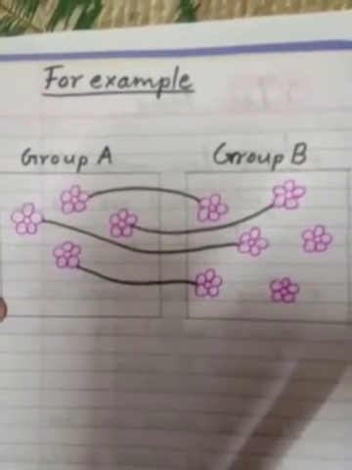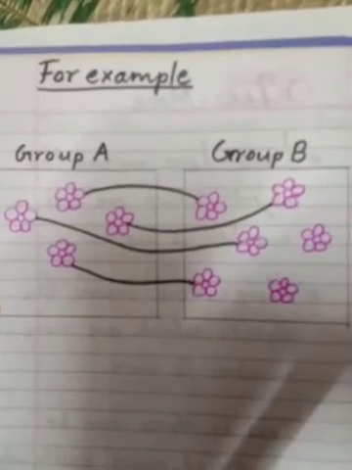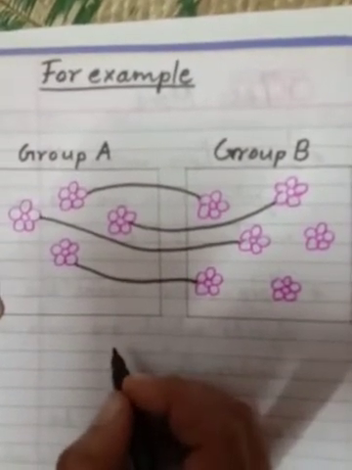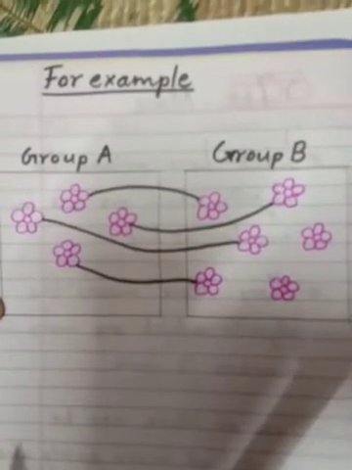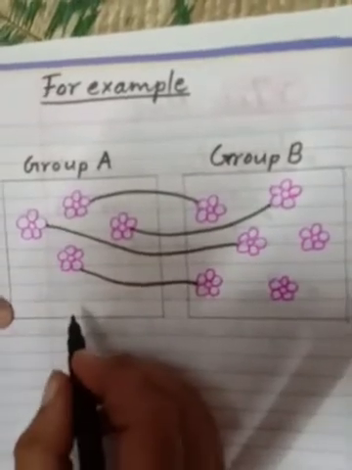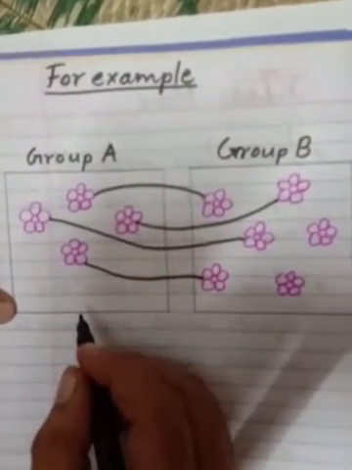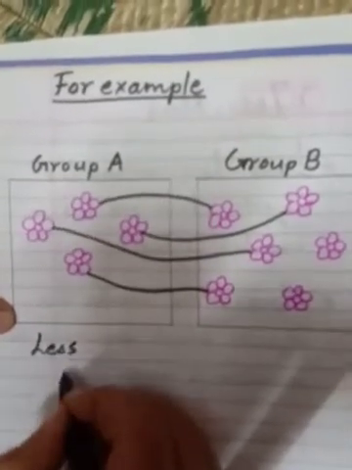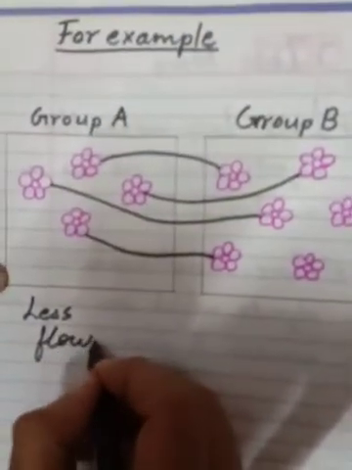So after pairing, what do we come to know here? Which box's flowers are over after pairing? Group A flowers are over after pairing. Means what? Group A has less flowers.